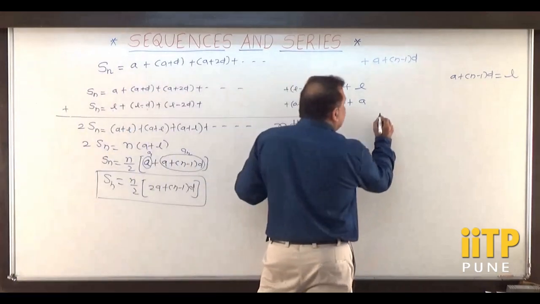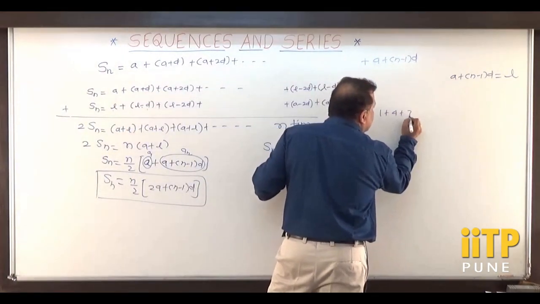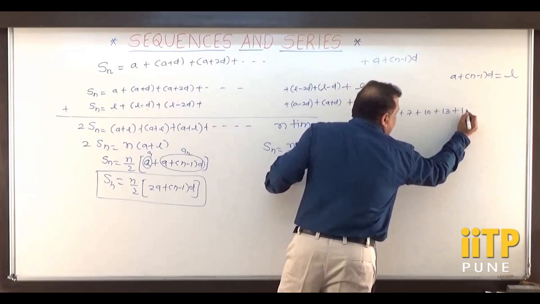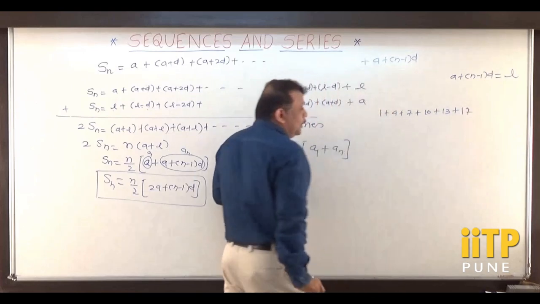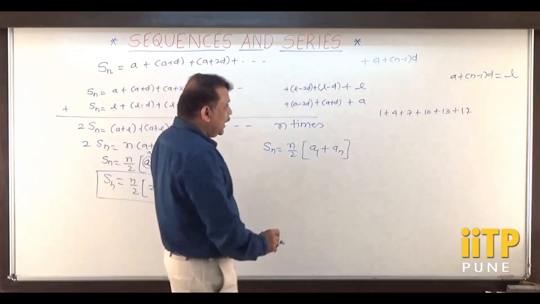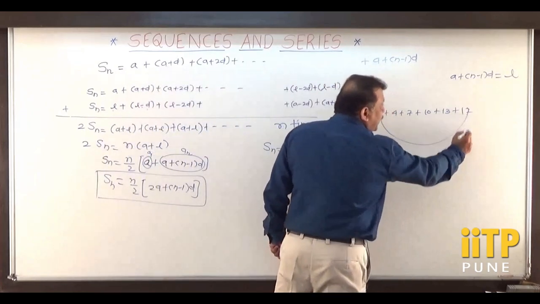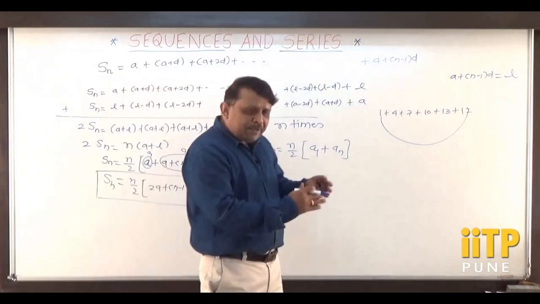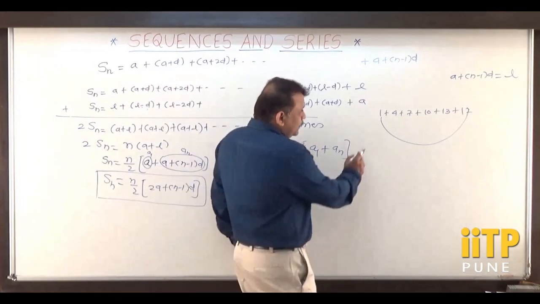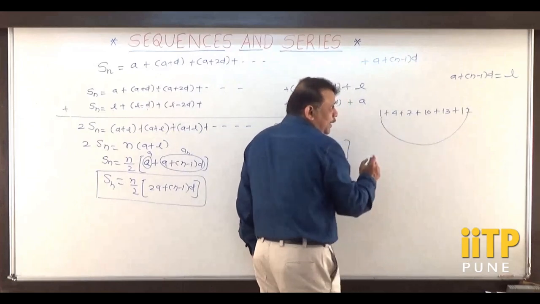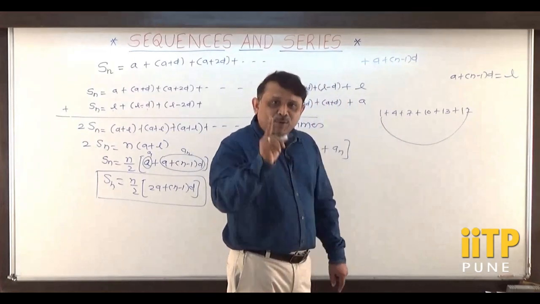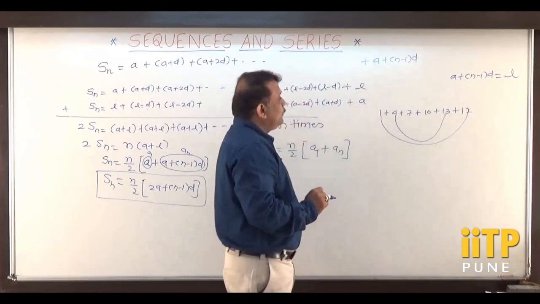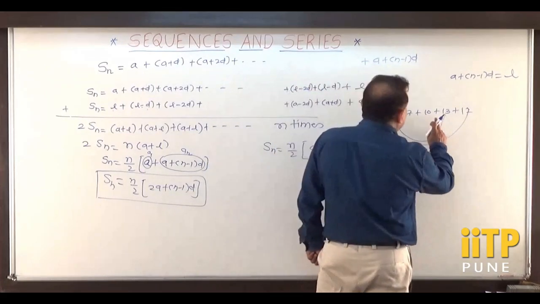This we can always check. Suppose we are adding 1 plus 4 plus 7 plus 10 plus 13 plus, say, 17. Then we can always see that whenever we are adding terms of an AP, whichever number of terms we choose, first plus last is how much? 1 plus 17 is 18. 4 plus, sorry, here I think I made a mistake in writing.